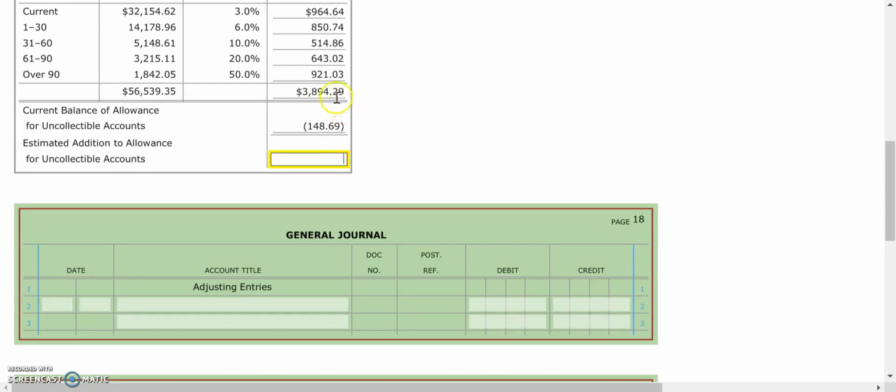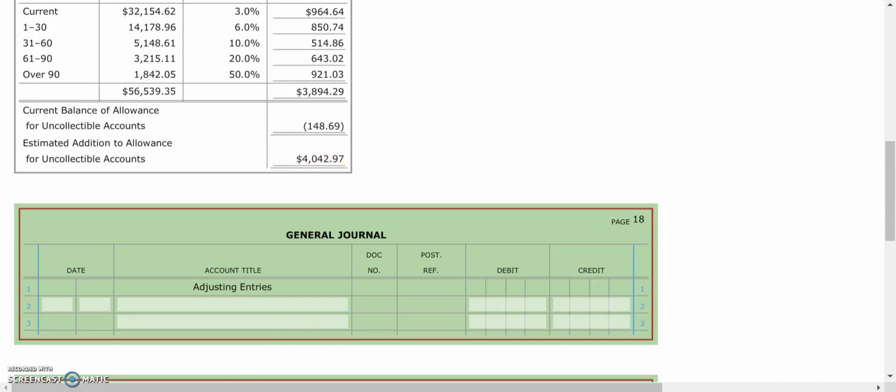So we need to add here in order to get our updated balance. So when we do that, we take $3,894 plus our $148.69 debit. We come to $4,042.97. Okay. And so this is our estimate. This is our adjustment right here.